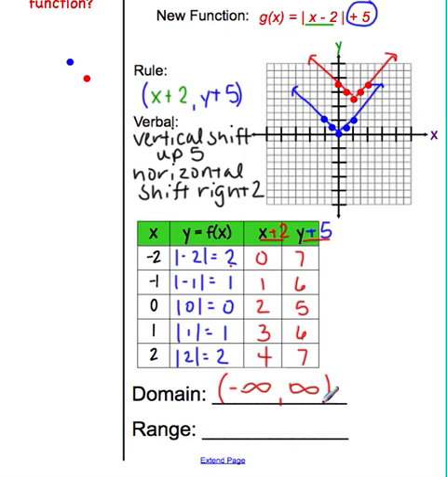Now our range, on the other hand, our y values, the lowest y value that we have for that new function is 5. So I'm going to make a box. That means we include 5. And it goes up forever, so I'm going to go to positive infinity. Now I know that might sound confusing for some of you, but we will work on that.